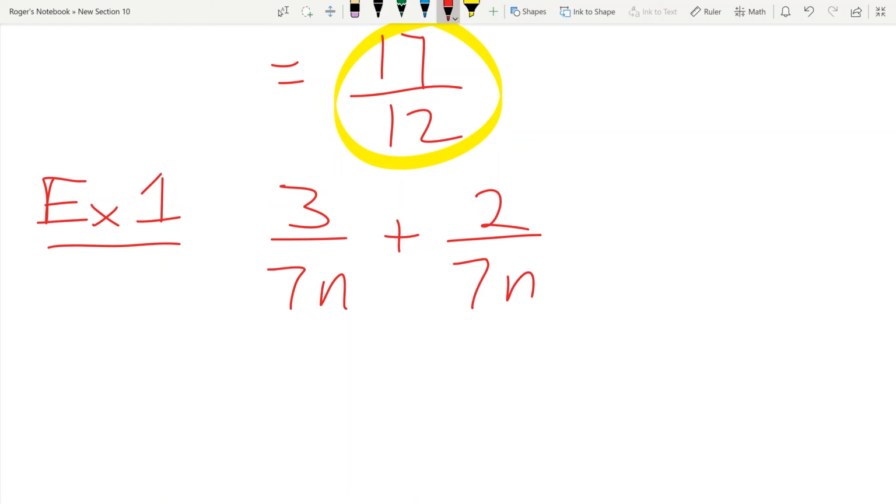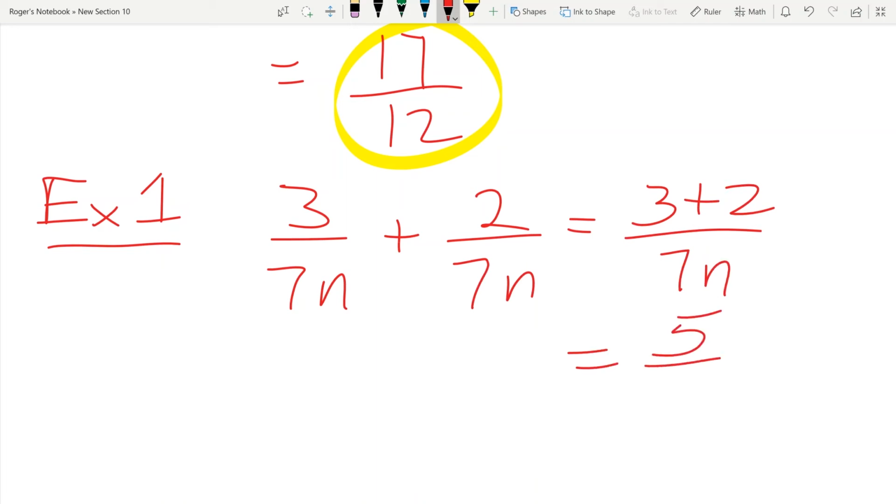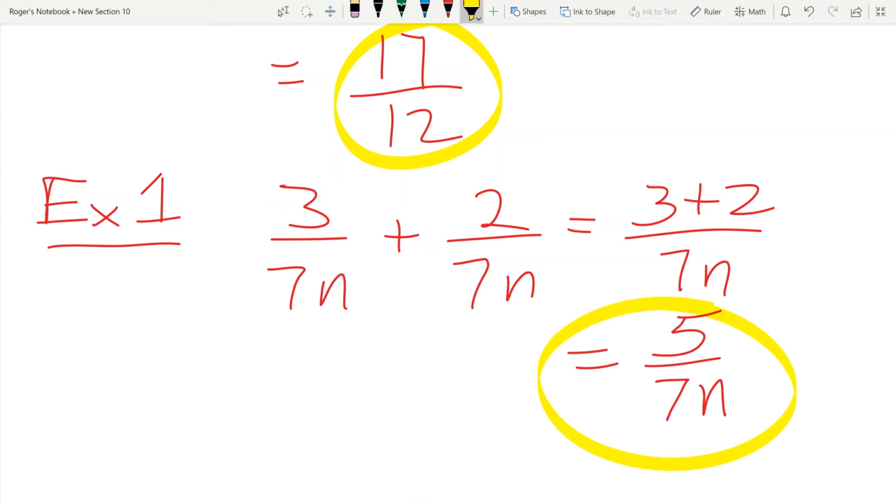We have a common denominator already, don't we? We already have a common denominator. It's 7n. So we don't need to do anything except bring these two together. So this is going to be 3 plus 2 over 7n, or 5 over 7n. Okay? So there you've got your answer, 5 over 7n.